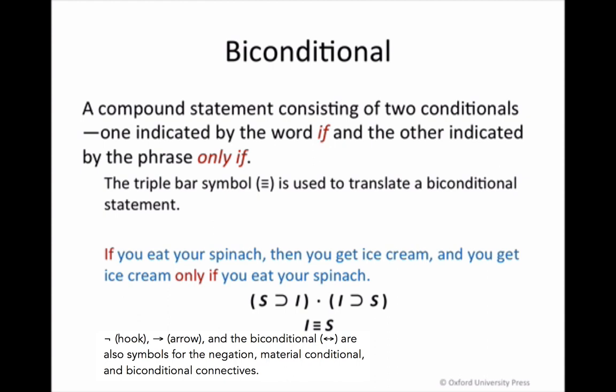When you have an if and only if sentence, you have respectively an if-then sentence where you have the antecedent and consequent, in this case you eat your spinach, you get ice cream, and you have the conjunction, and then you get the only if, which is translated as we just saw. The sentence that comes immediately after only if goes in the consequent position.